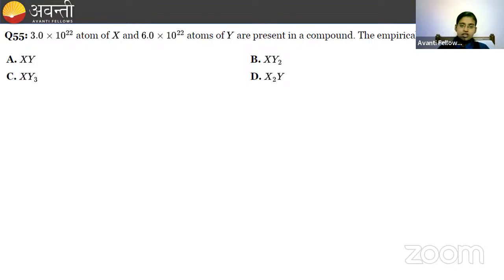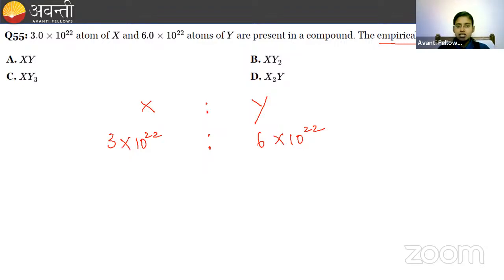So we have two atoms in a compound, one is X and the other one is Y. The number of atoms of X is 3 into 10 to the power 22 and the number of atoms of Y is 6 into 10 to the power 22. We have to find the empirical formula. So what is the empirical formula? The simplest whole number ratio for a compound is called the empirical formula.